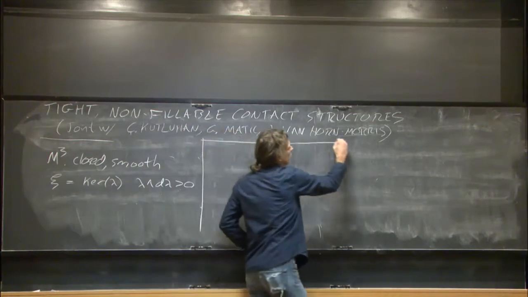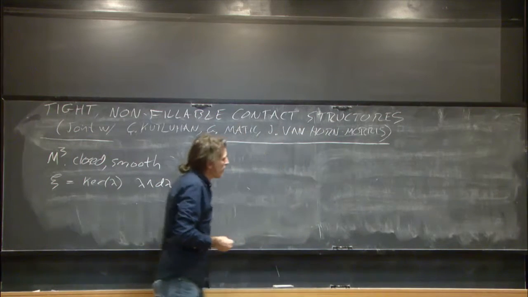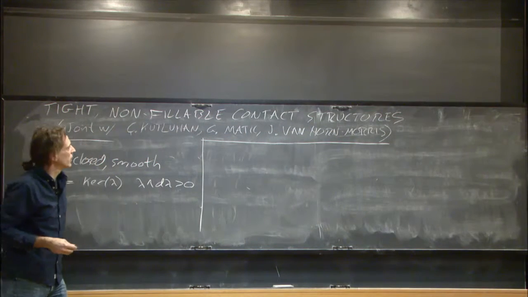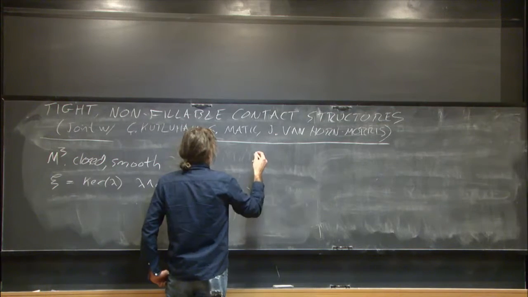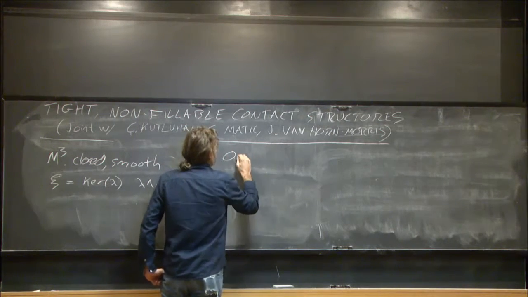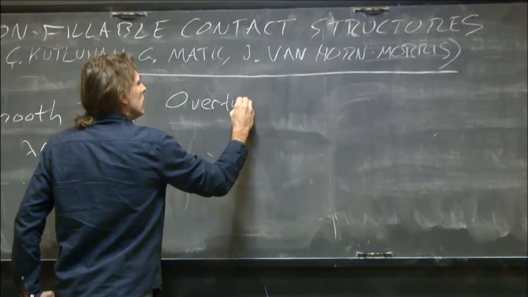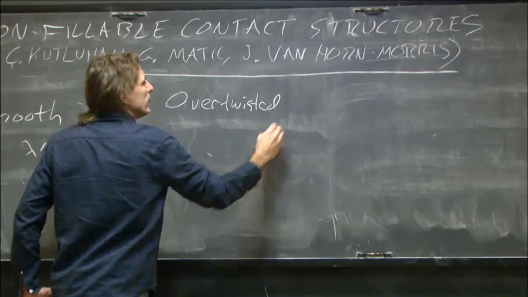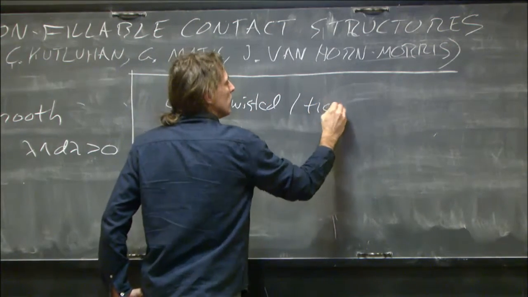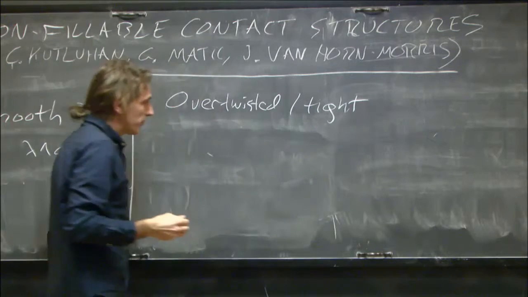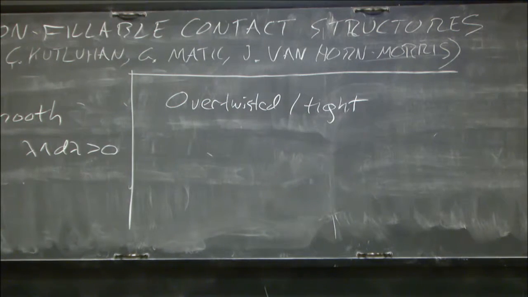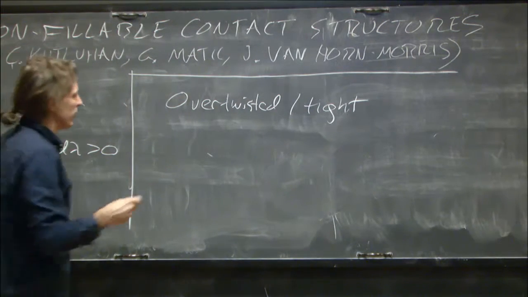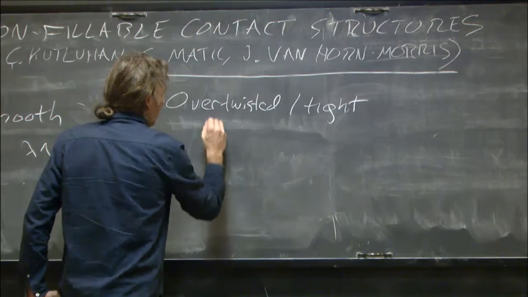And this brings us to these two dichotomies that were introduced in Jonathan's talk, and a little bit in the last talk as well. The first one being that of over-twisted versus tight. And so, of course, over-twisted ones are the ones that are completely flexible.